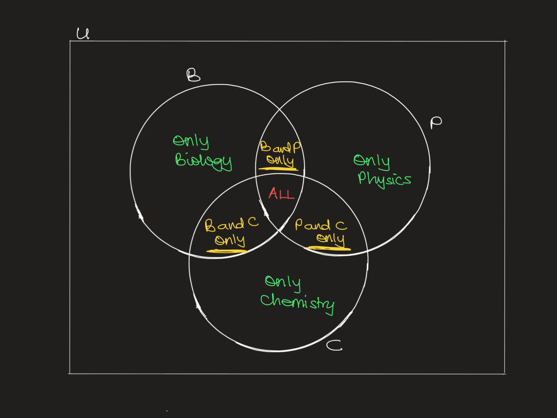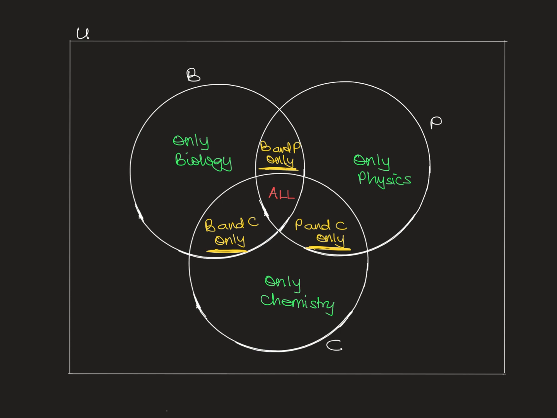If I want to calculate the students studying biology in that school, then any student that is reading biology has to be included in the calculation. In other words, all the students reading biology will be included. All of them.